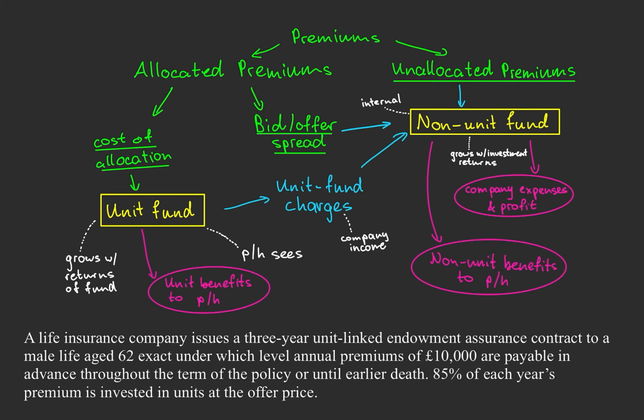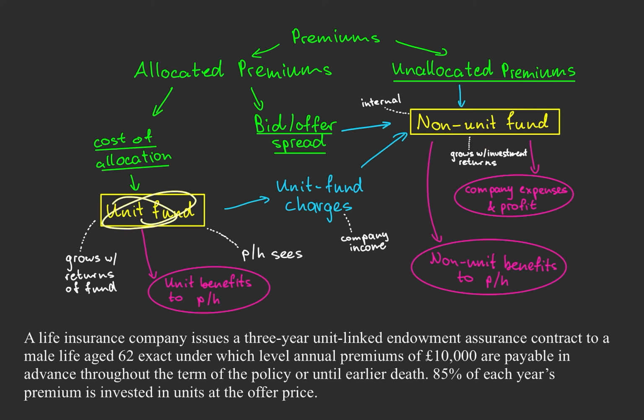Now you can go and calculate the 10,000 times 0.15, and that's that. And then you can add the 10,000 times 0.85 times 0.05 and add them together and get there. But do you not see that the premiums essentially get split into everything that goes here and everything that goes here?